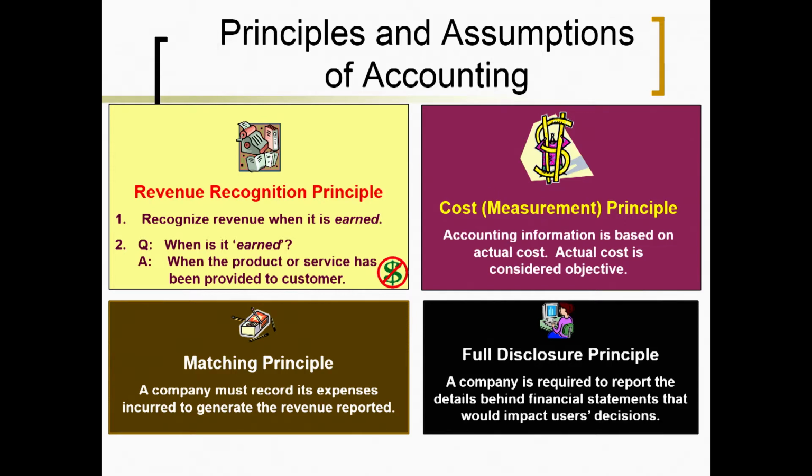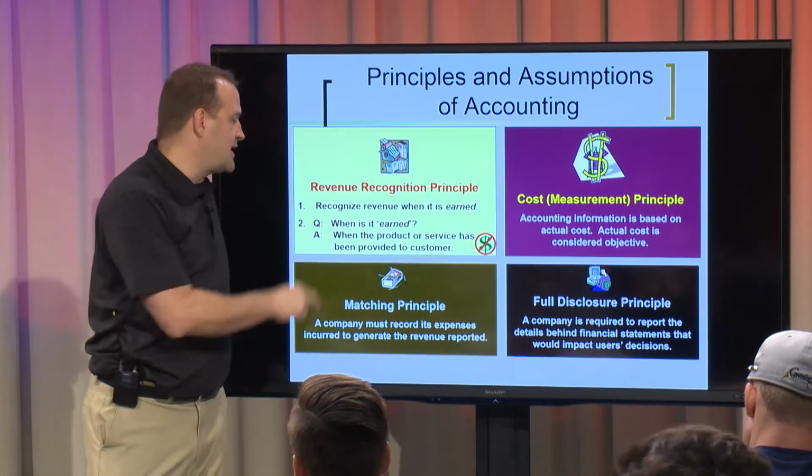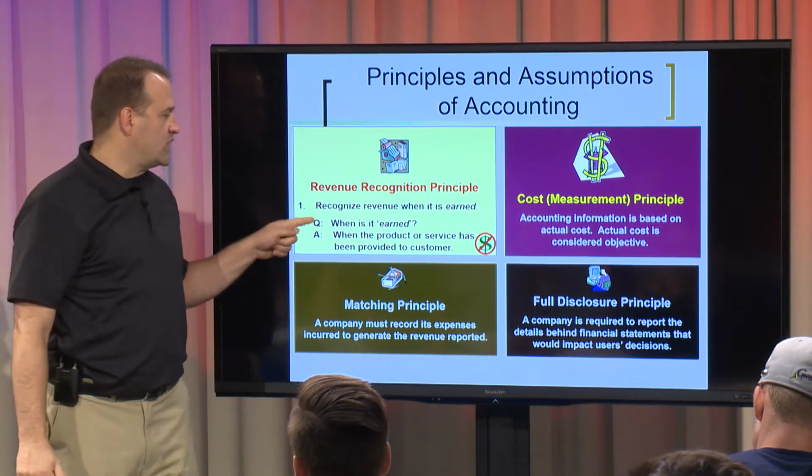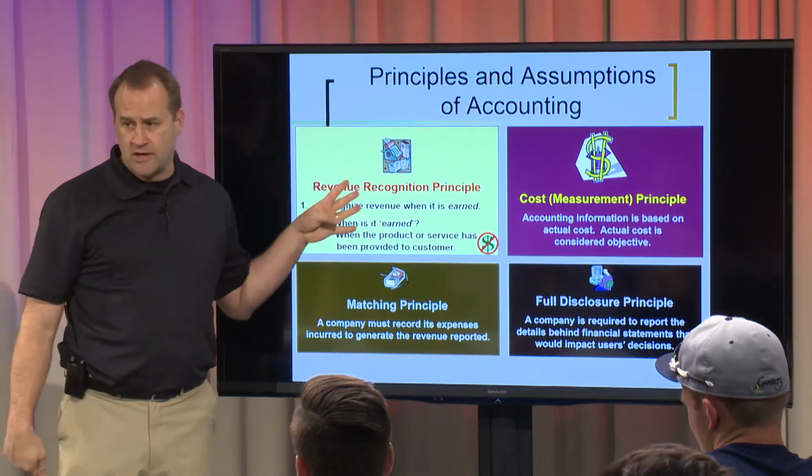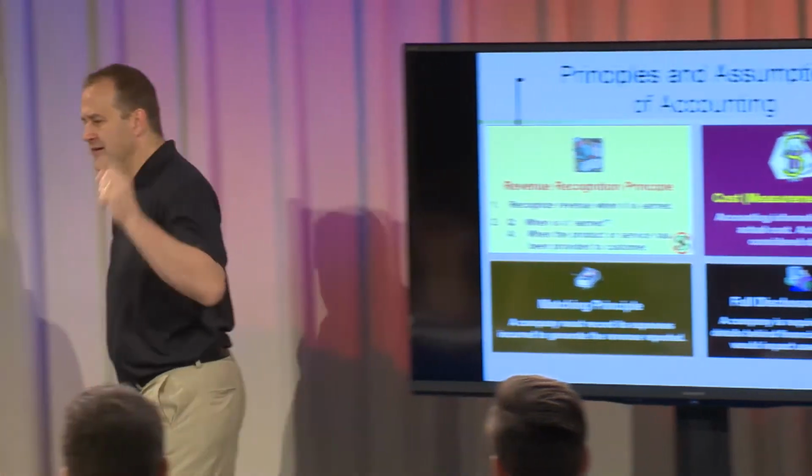The revenue recognition principle states that we recognize revenue when it is earned. That's not necessarily the same time we receive cash. When is it earned? When can we recognize revenue? When the product or service has been provided to the customer. Okay? This is important. So important, I want to go over this.